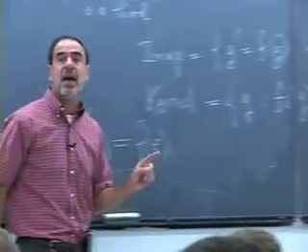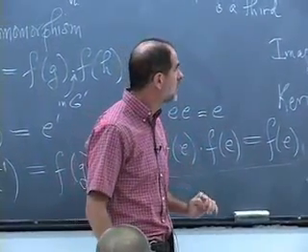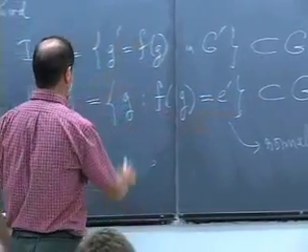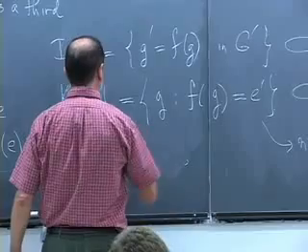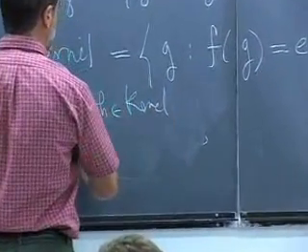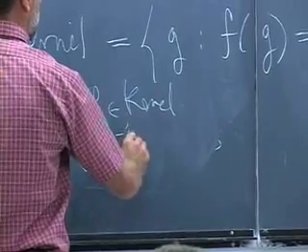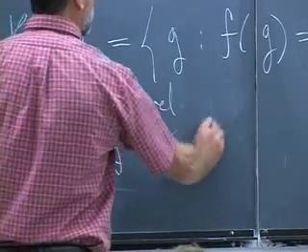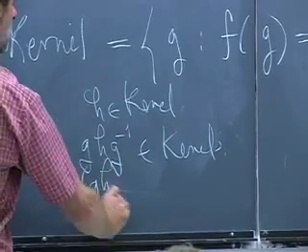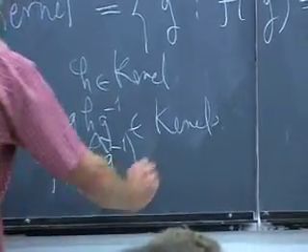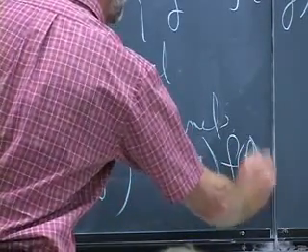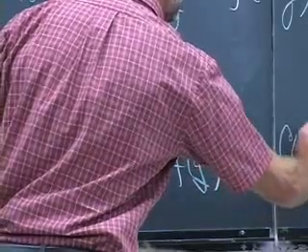It was first noted by Galois, who I told you developed group theory. So let's check that the kernel is a normal subgroup. It's easy. If we have an element g in G, and let's say h is in the kernel, we have to check that ghg inverse is also in the kernel. So we apply f to it. f of ghg inverse, using the homomorphism property, is f of g, f of h, f of g inverse.